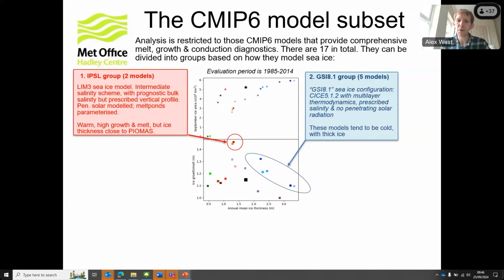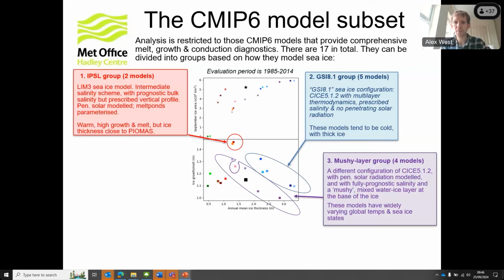And these models tend to be quite cold. They have quite a low global average temperature in this period, and their sea ice, as you can see from this graph, tends to be quite thick. And there's quite a pronounced negative correlation between thickness and growth and melt, as you would expect.